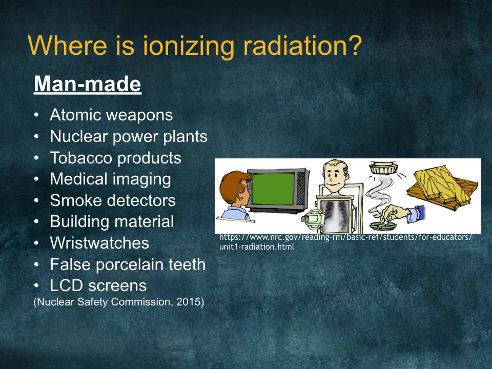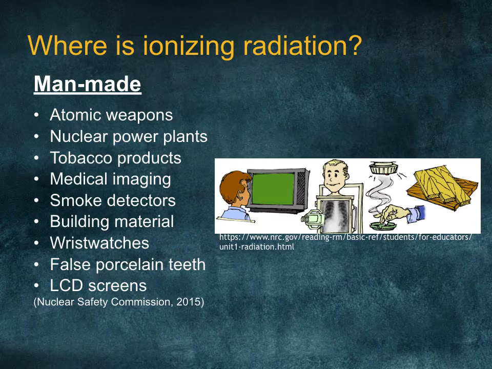While we are exposed to natural sources of ionizing radiation every day, there are man-made sources of ionizing radiation that are also part of our daily lives. Man-made sources of ionizing radiation are emitted from things you would never suspect. Intuitively, it's easy to believe that ionizing radiation can come from atomic weapons and nuclear power plants.